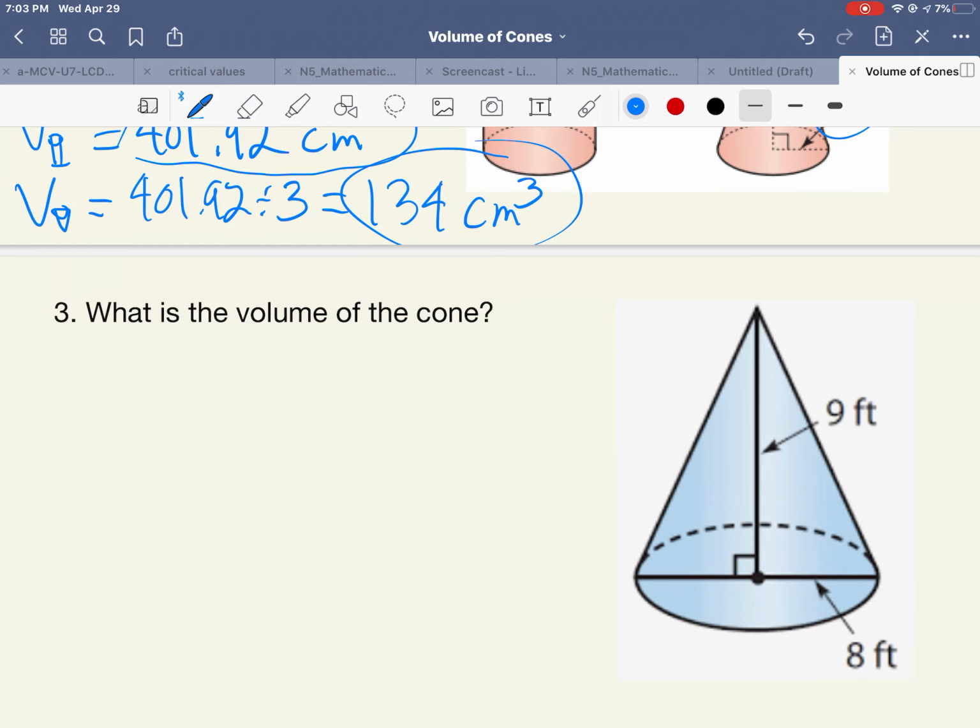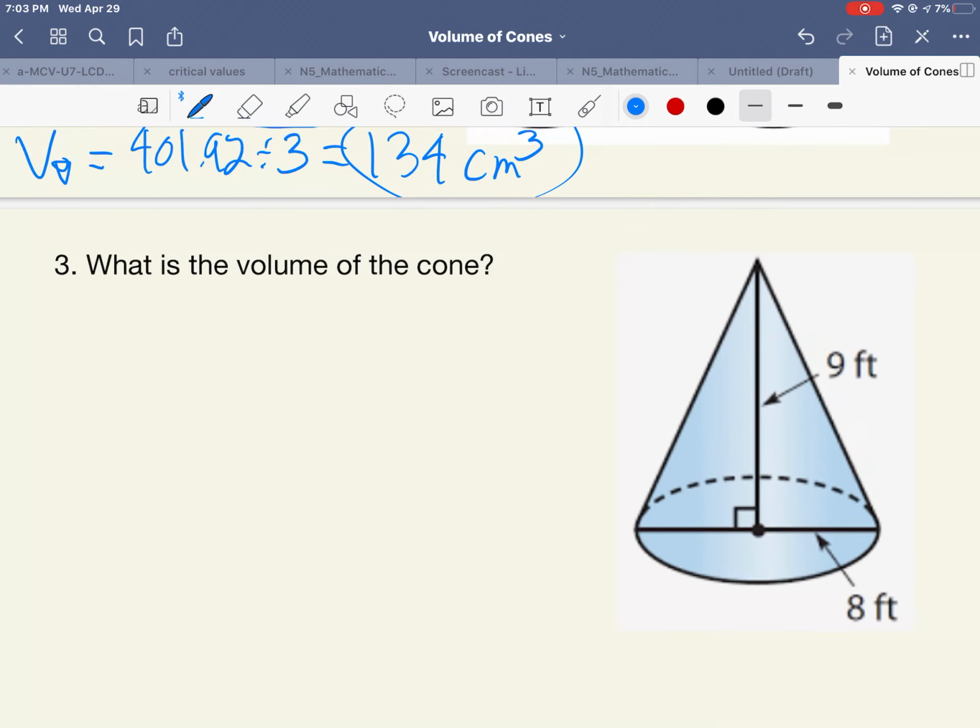Okay, so last question here. What is the volume of this cone? Well, volume equals 3.14, which is pi, r squared h. But that's the formula of a cylinder. I then have to divide that by 3 to turn it into a cone. Now there's something interesting in this one.